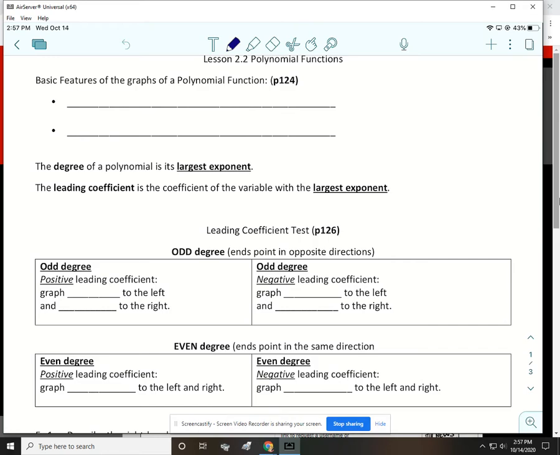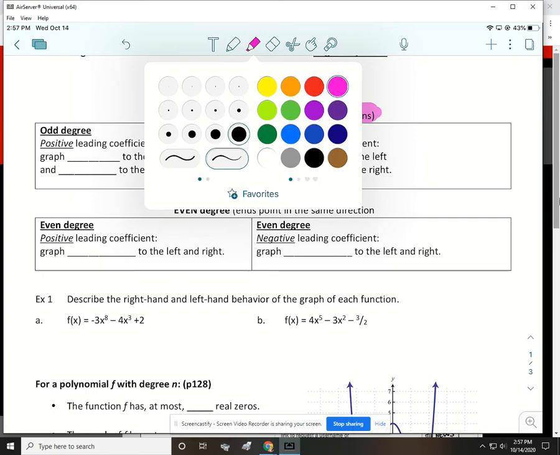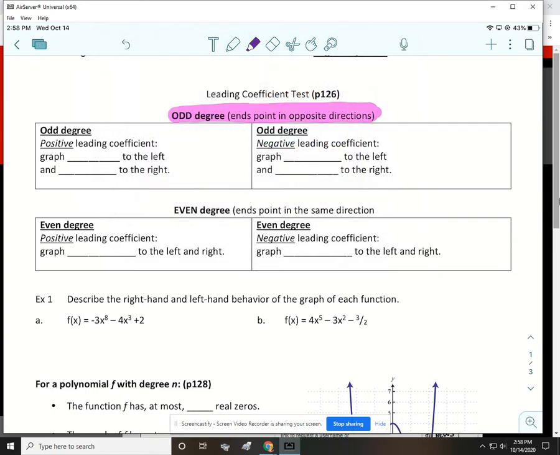All right, so hopefully on this leading coefficient test, you have filled in the blanks about rising and falling and which directions. A quick way to remember it is that odd degree functions, the ends are going to point in opposite directions, and even degree functions, the ends are going to point in the same.